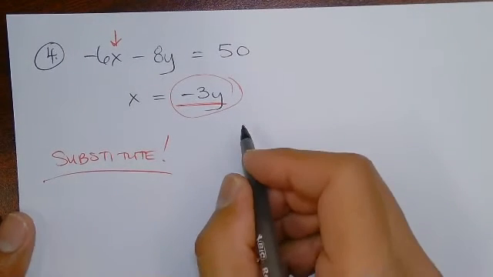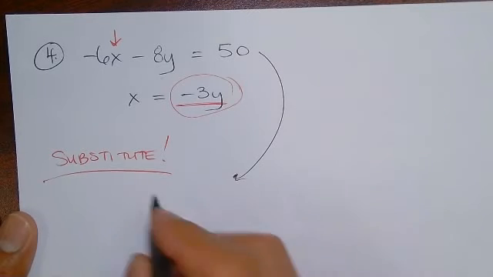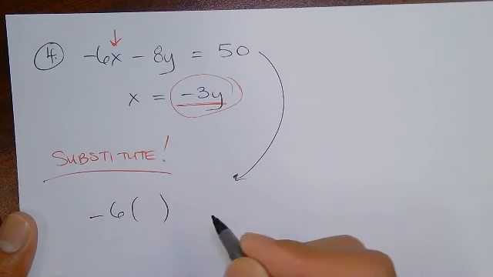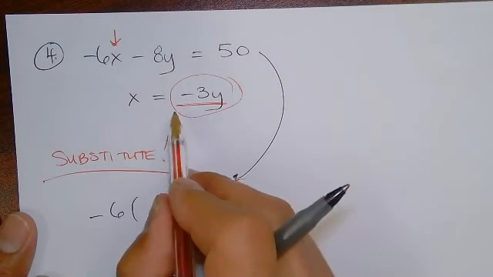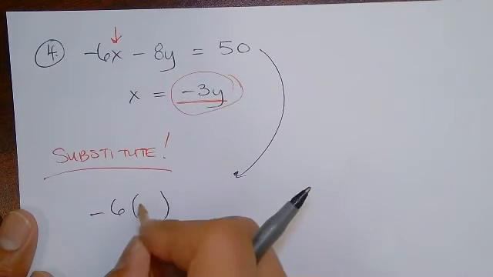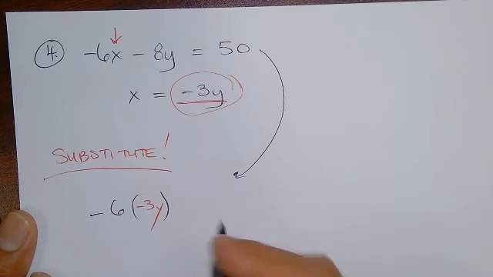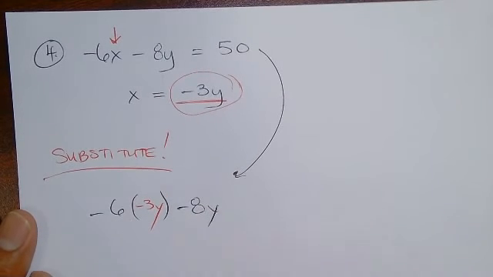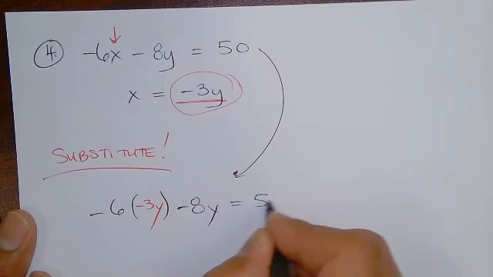Okay, so that's going to be negative 6 times, what do we write instead of x? Negative 3y, minus 8y equals 50.